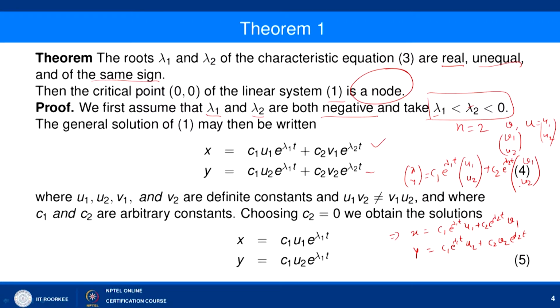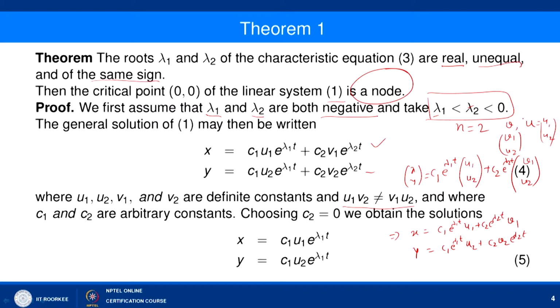Here u1, u2, v1, v2 are some constants, and we are assuming that u1 v2 is not equal to v1 u2. That is obvious, because v and u are linearly independent of each other. So, I cannot write v as a constant multiple of u.